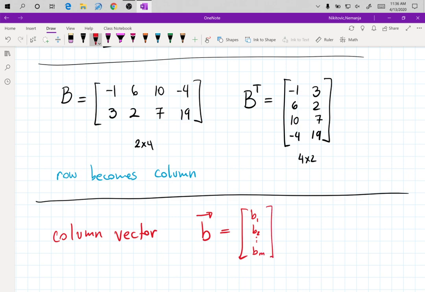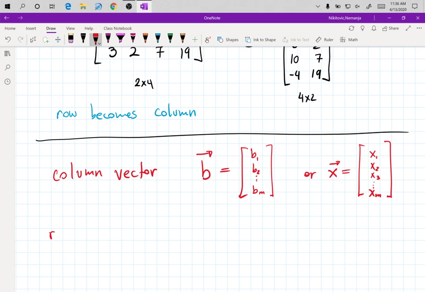Or, X vector is going to be X1, X2, X3, XM on the bottom. Then we have the less used, but still used, row vector. We are going to use it.